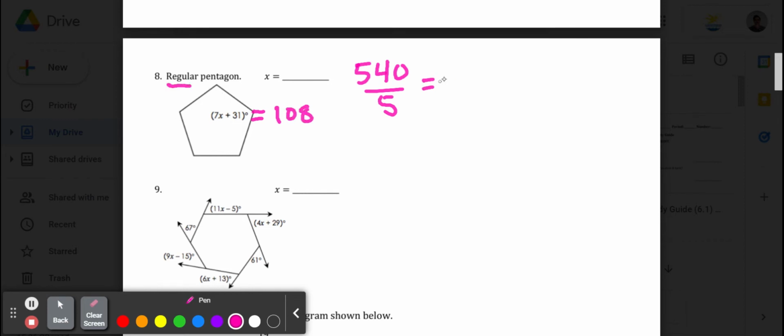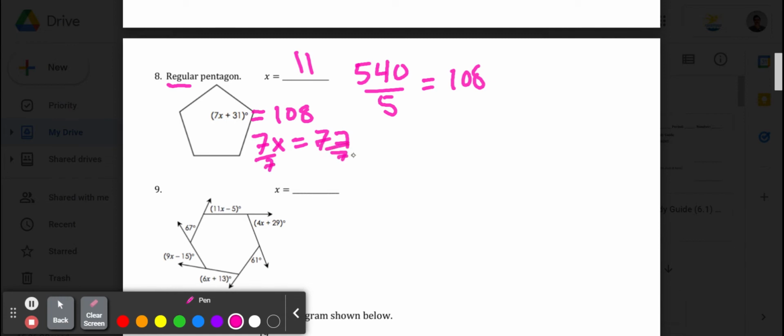All the sides are congruent. And then we just have to subtract 31. So 7x equals 77. X equals 11. Just divide by 7.